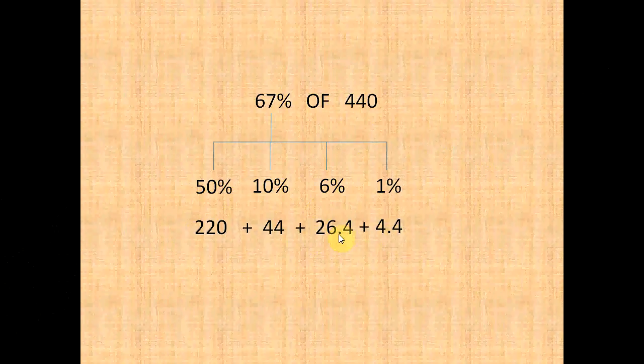But if I just add these two, I'll have an approximation. In approximation, this will come out to be equal to 31, although precisely this is 30.8. So if I add 31 to 220 plus 44, that is 264, I'll obtain my approximate answer as 295.